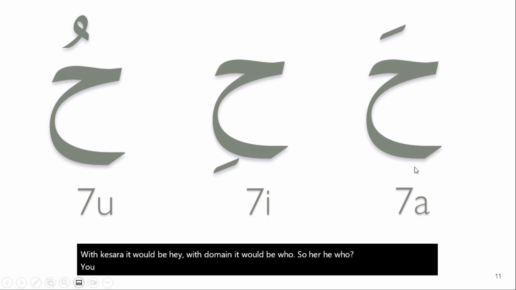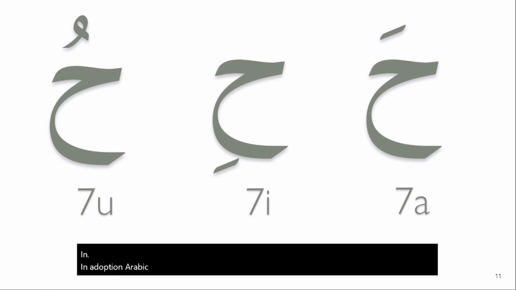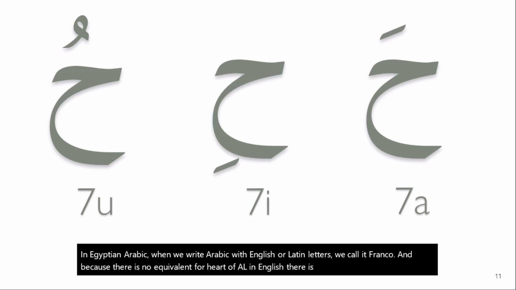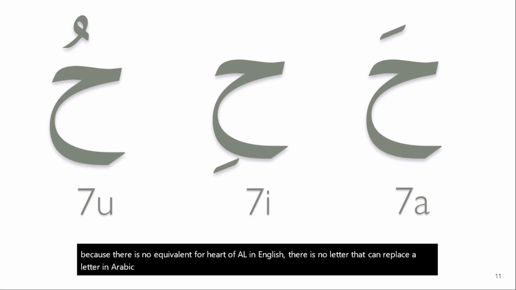You may be wondering, what is this 7 number here? Well, in Egyptian Arabic, we have something called Franco-Arabic, like in our dialect or slang. In Egyptian Arabic, when we write Arabic with English or Latin letters, we call it Franco. And because there is no equivalent for حرف الحاء in English, there is no letter that can replace a letter ha in Arabic, so we start to use numbers.